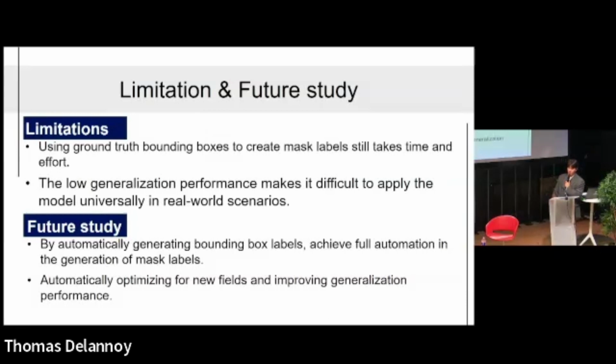Generating mask label data requires ground truth bounding boxes. This means that data generation still requires time and effort. And then the generalization performance is low. The low generalization performance makes it difficult to apply the model universally in real-world scenarios.